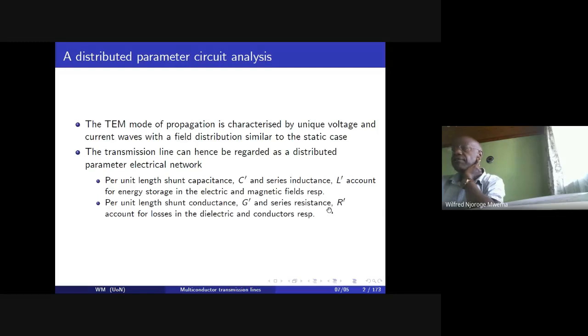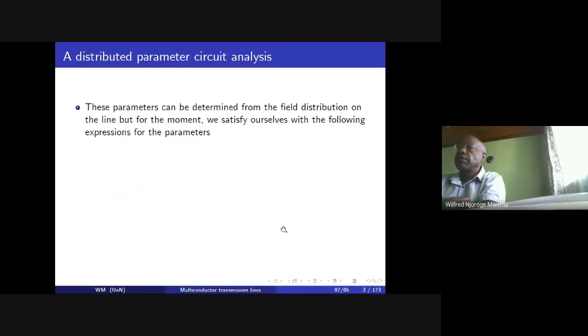We also have the per unit length shunt conductance G prime and series resistance R prime, which account for the losses in the dielectric and the conductors respectively. The parameters can be determined from the field distribution on the line, but this time we are just going to satisfy ourselves with the following results obtained from integration.